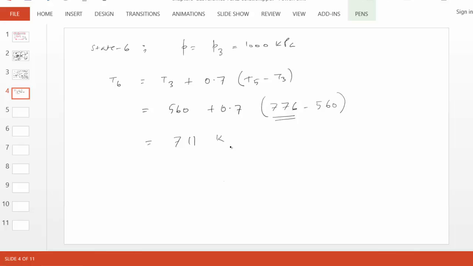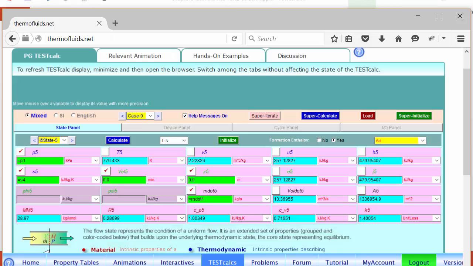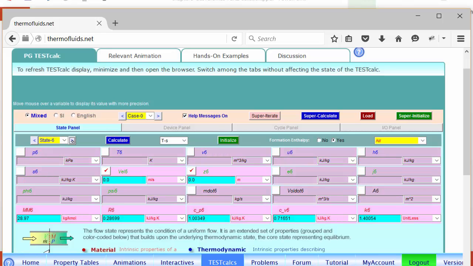If we want to verify that using test calc, we'll just go and substitute this equation there, T3 plus 0.7 star T5 minus T3. So let's go calculate state 6.